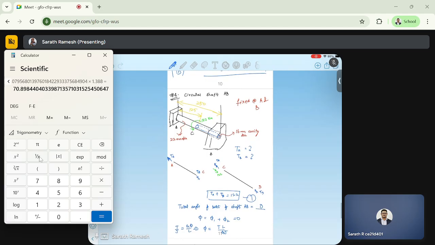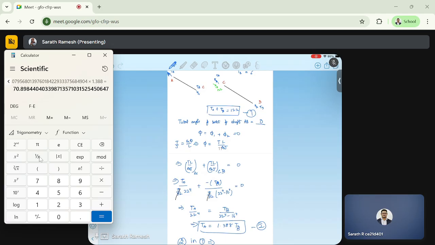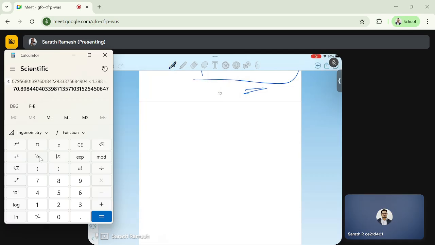Problem number 5. Yeah, here it is. We are given a horizontal shaft, which is attached to base D. So this is A, B, and again there is a hole drilled into portion CD.